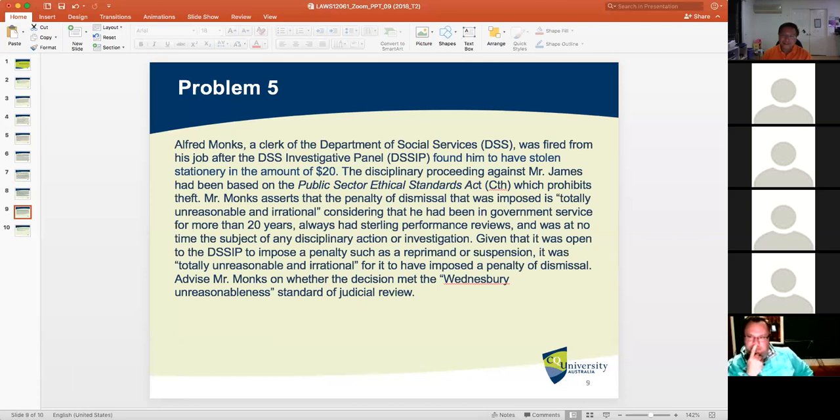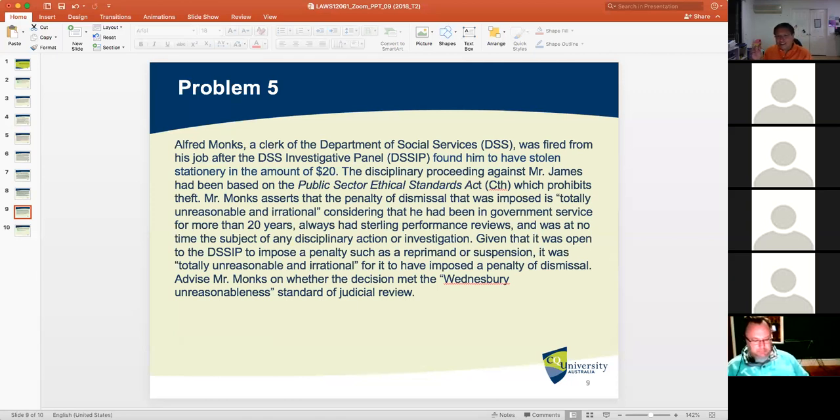Very good. I would tend to side with Clinton and Rebecca on this one. I would think that the decision would have met the Wednesbury unreasonableness standard of judicial review. If you look at the case of Edelston versus Wilcox, the courts have said that even when it is within the power of executive decision makers, and they have the discretion to impose whatever penalty they have, the fact remains that the exercise of such power must not be capricious, oppressive, or arbitrary.